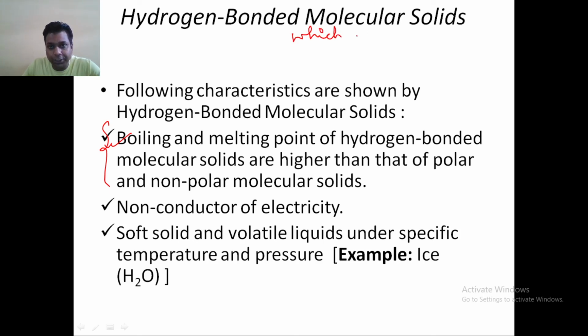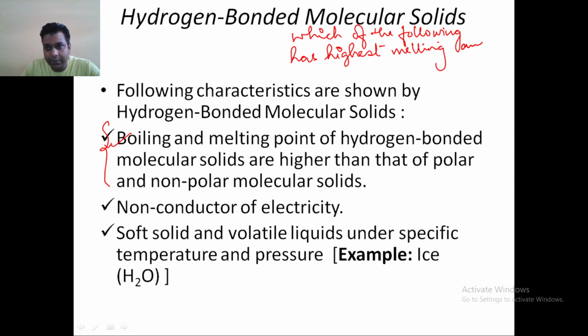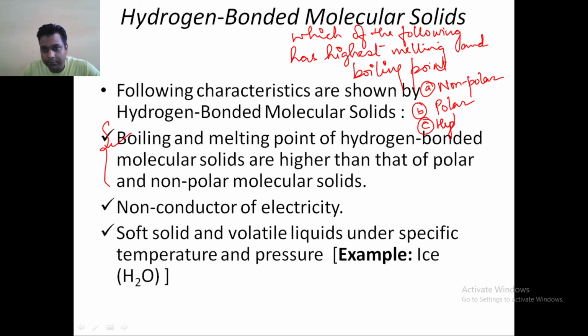Let me write down the question: which of the following has the highest melting and boiling point? Let's say this is the question, and option A is non-polar, option B is polar solid, option C is hydrogen bonded, and option D is none of these.